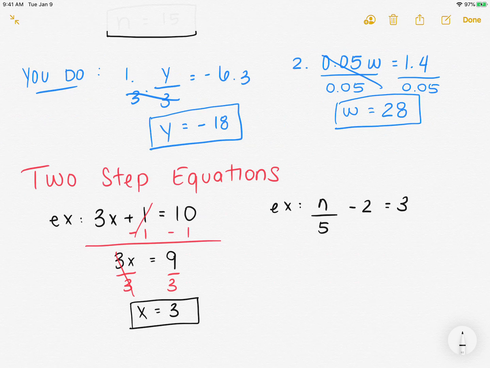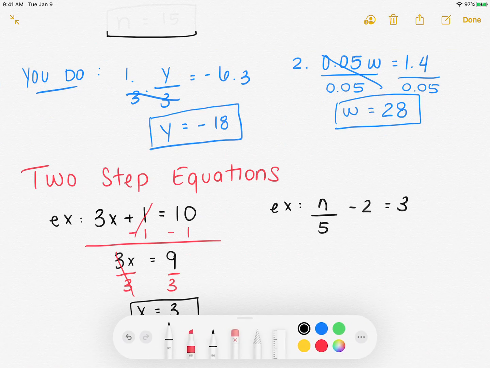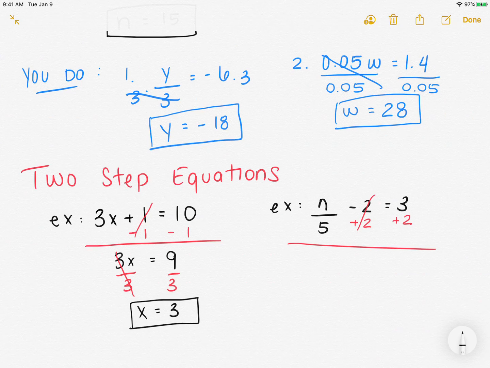So I want to get rid of that minus 2 first. I got to move that minus 2 to the other side. So I'm going to add 2 on both sides. I got to get rid of this 2. The opposite of minus 2 is plus 2, right? So I'm going to add 2 on both sides. Which is going to leave me with n divided by 5 equals 3 plus 2 is 5.